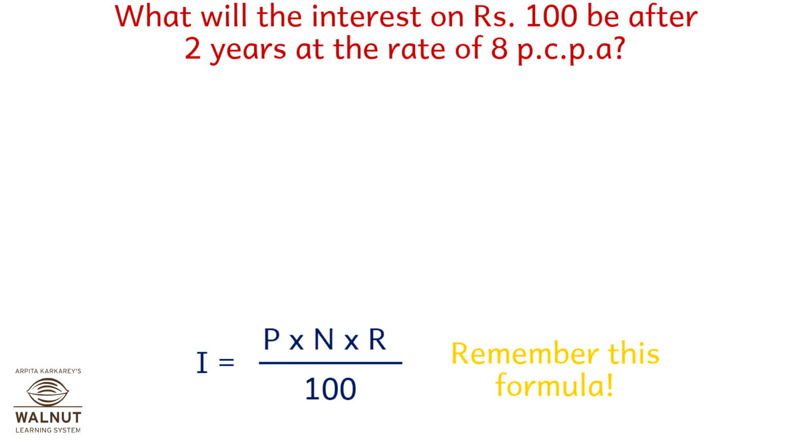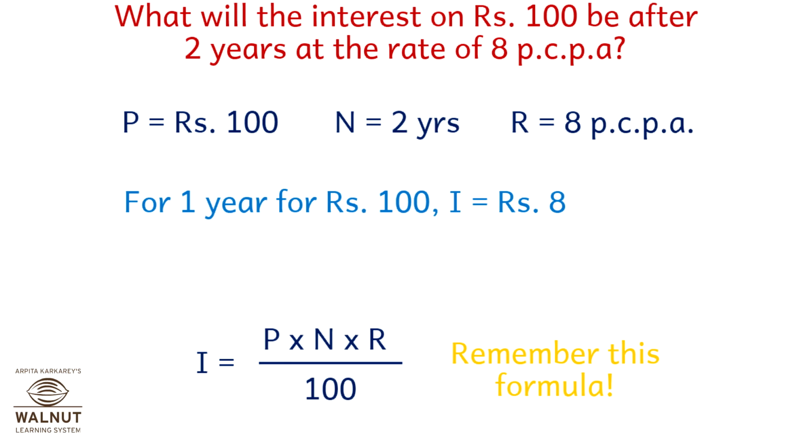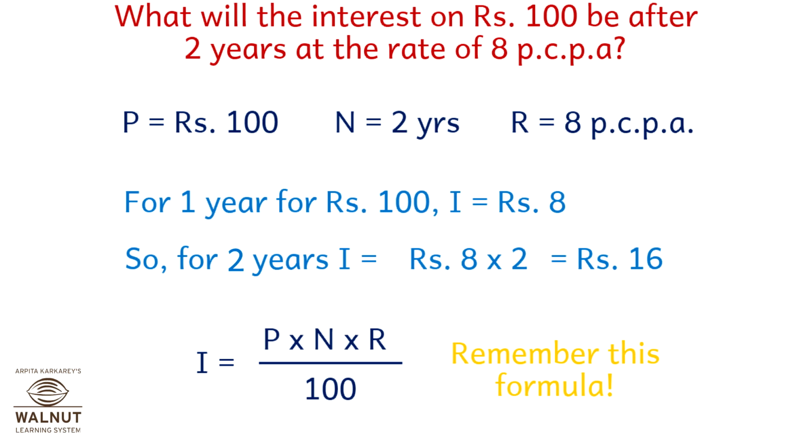What will the interest on rupees 100 be after 2 years at the rate of 8 p.c.p.a? P is equal to 100, N is equal to 2 years, R is equal to 8 p.c.p.a. For 1 year, for rupees 100, I is rupees 8. So, for 2 years, I equal to rupees 8 into 2, which is rupees 16.